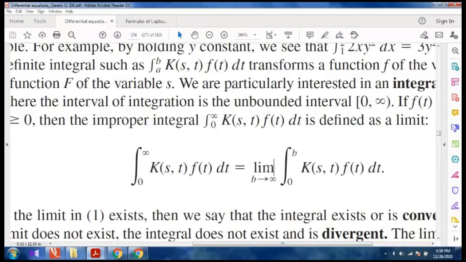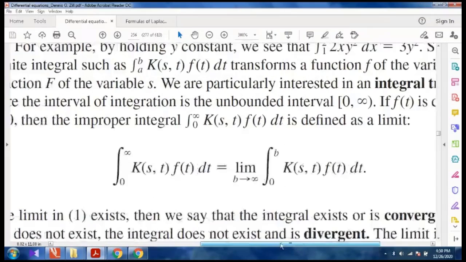So this is the definition of improper integral. If you need a solid idea about improper integrals, you can go through your previous course, Math 120. But no need to do that here.